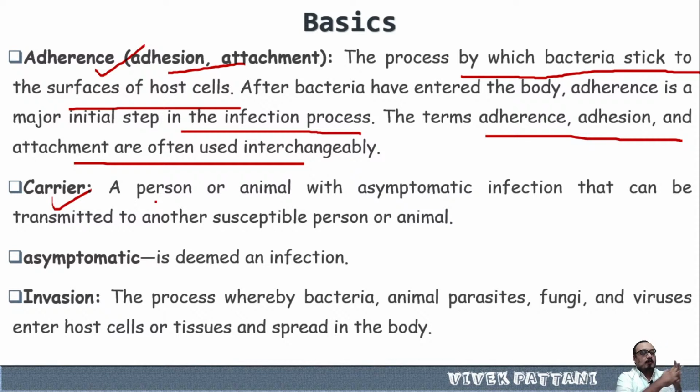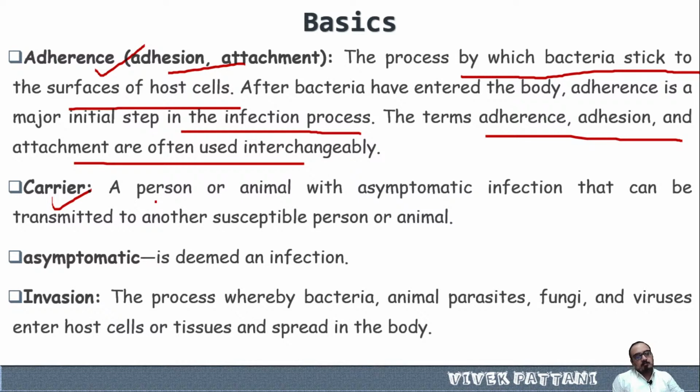For example, if Gautam is a carrier of any disease, let's take the example of typhoid. Gautam is a carrier. He does not have any symptoms. He may have an infection, but he is not symptomatic.